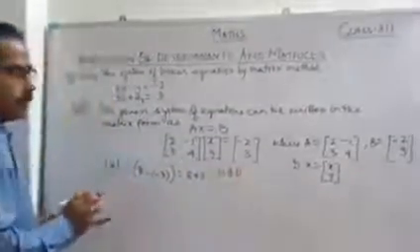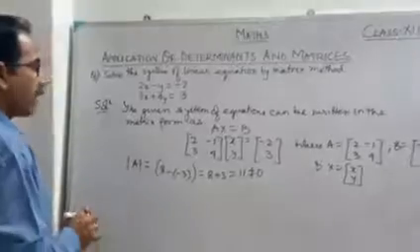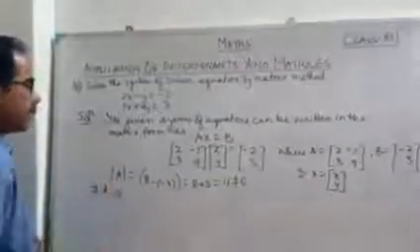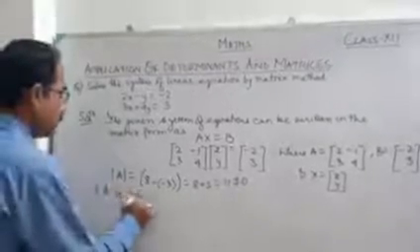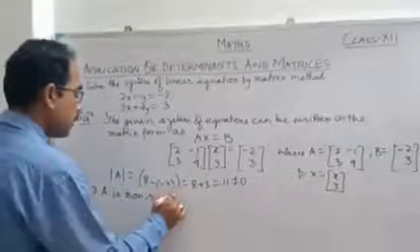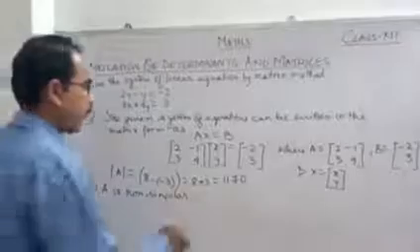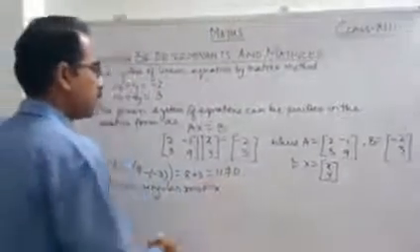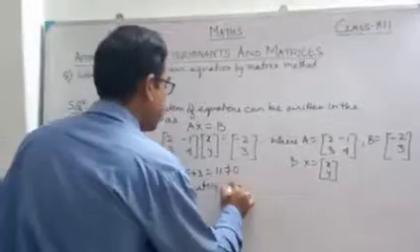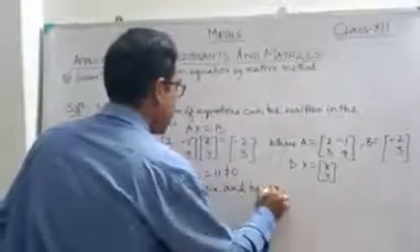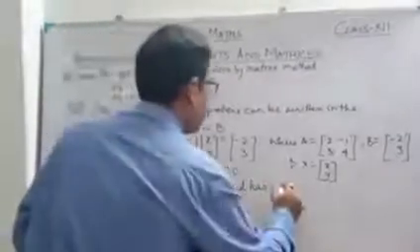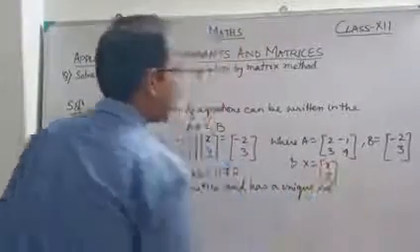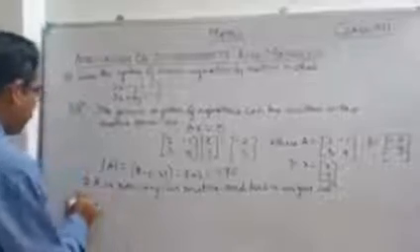So A inverse exists, which implies A is a non-singular matrix and has a unique solution. Correct?